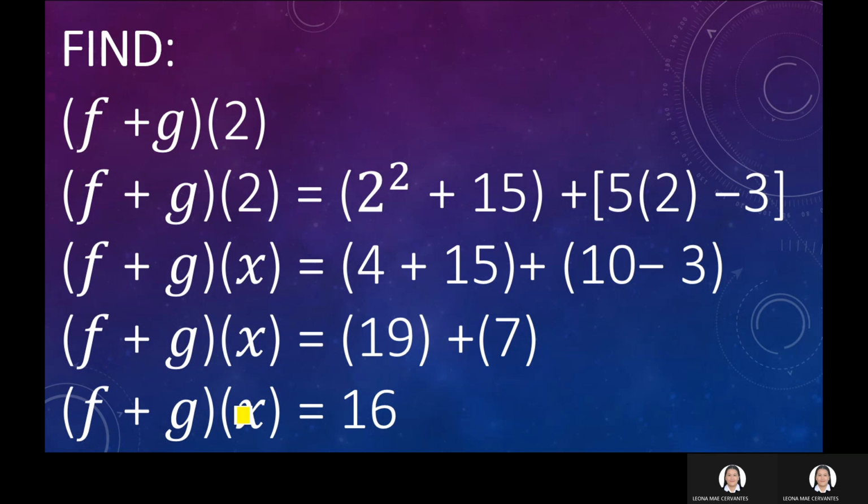Okay, next. So again, this is 26. Okay, 19 plus 7 is equal to 26, not 16. Okay, next.